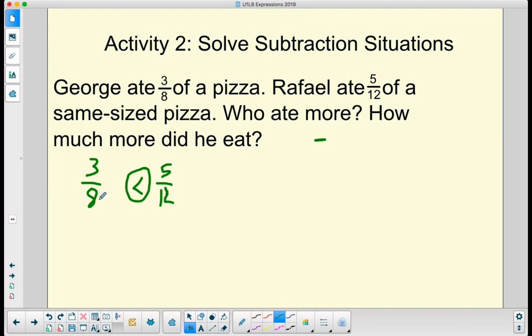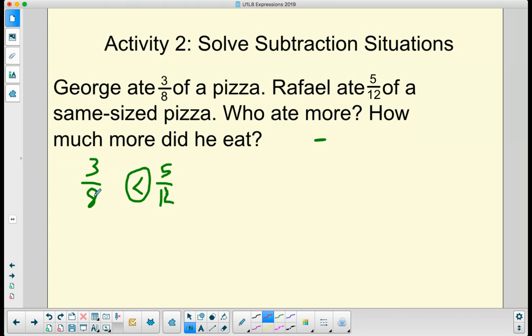But it's not, because I know 8 and 12 both have 2 and 4 as common factors as well. So I don't need to go 8 multiplied by 12 is 96 as my common denominator. I can use a lower common denominator.